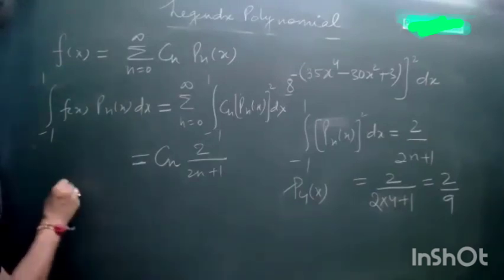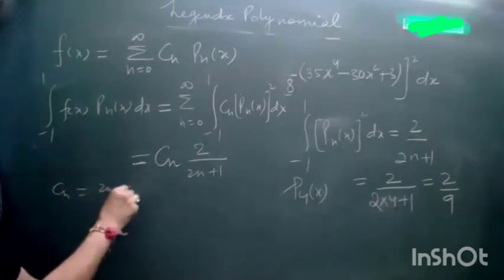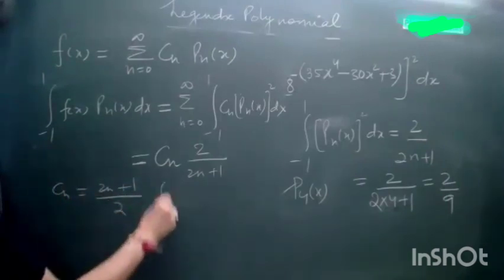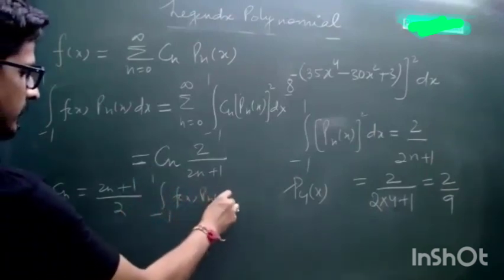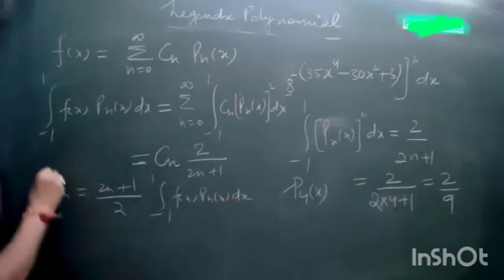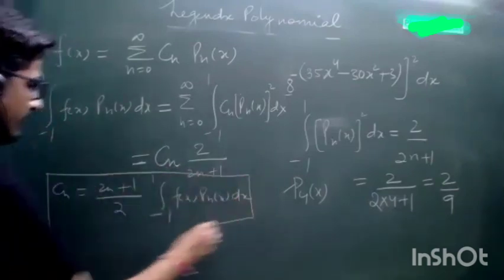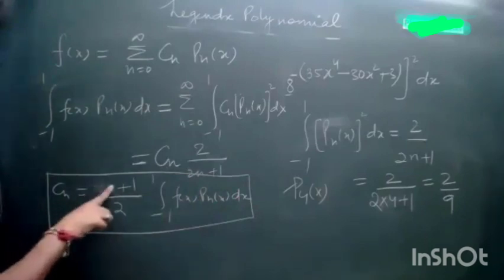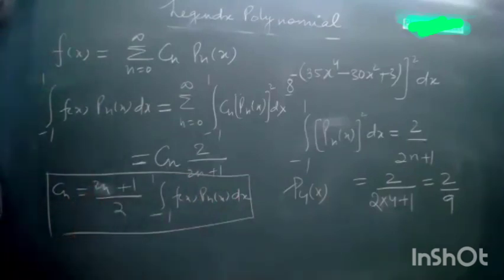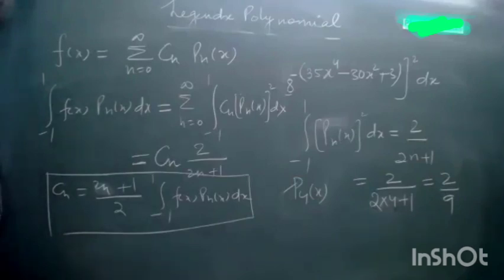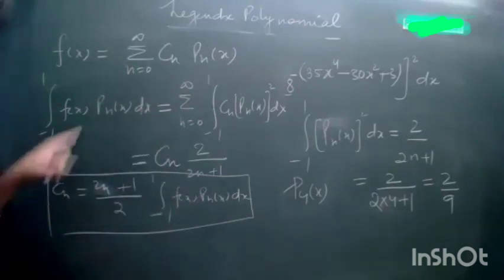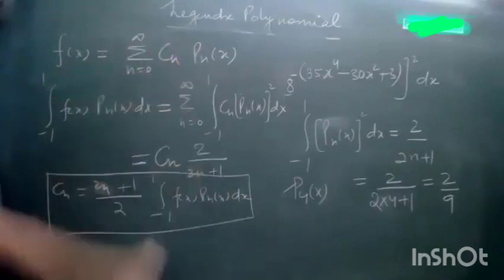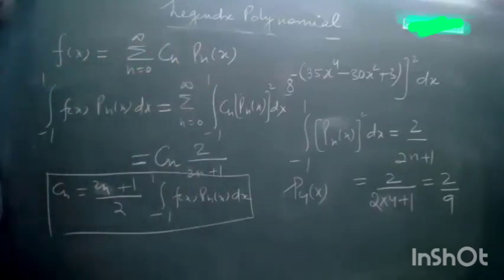And the value of Cn will become (2n plus 1) by 2 integration minus 1 to 1 f(x) P_n(x) dx. This will give you the value of different coefficients. Okay, so suppose I give you a function, so using this you can calculate this coefficient and you can write the series for the function.